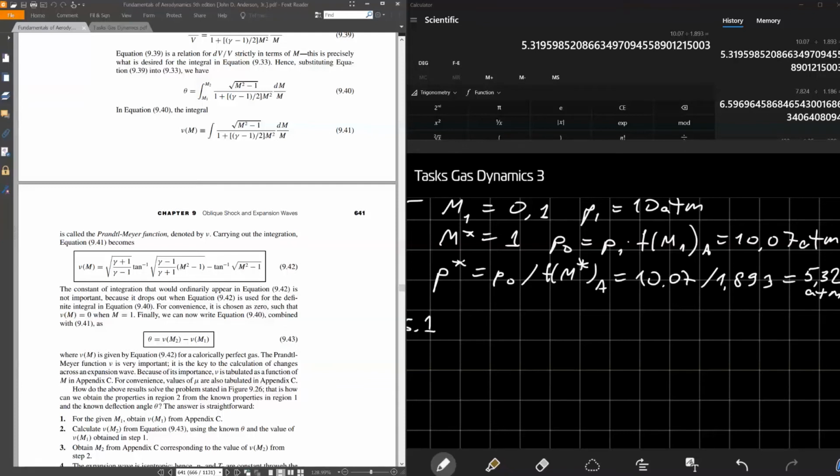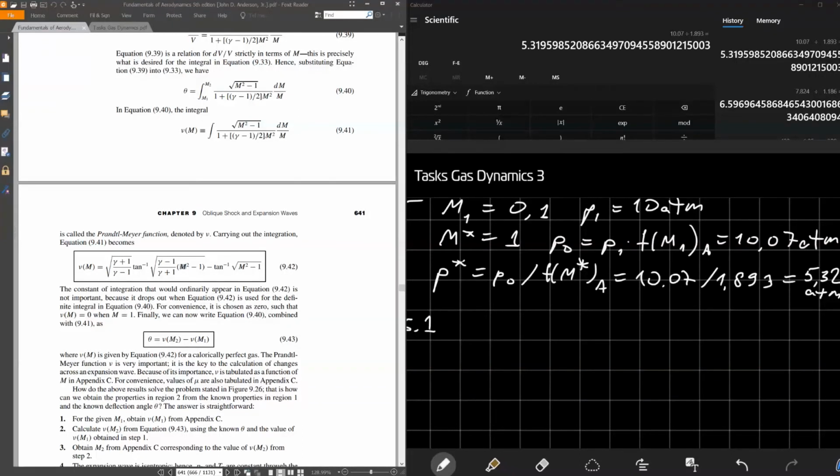This Prandtl-Meyer function is basically the angle as a function of Mach number, and also a function of the gas constant, which is basically constant for most of our calculations. Sometimes it's changing for high temperature. We already discussed last time how to determine if it's constant or not. And here we are talking about just Mach number. This function is also tabulated in the appendix of the book.